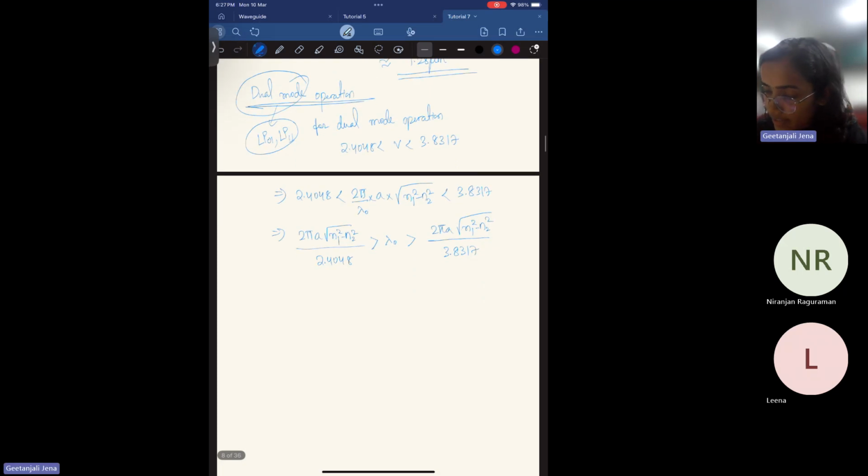So A is already given, it is 4.5, N1 is given 1.474 and N2 is given 1.47. Just use this. If you calculate it, it will come around 1.28 micrometer greater than lambda 0, and this value will come around 0.8 micrometer.